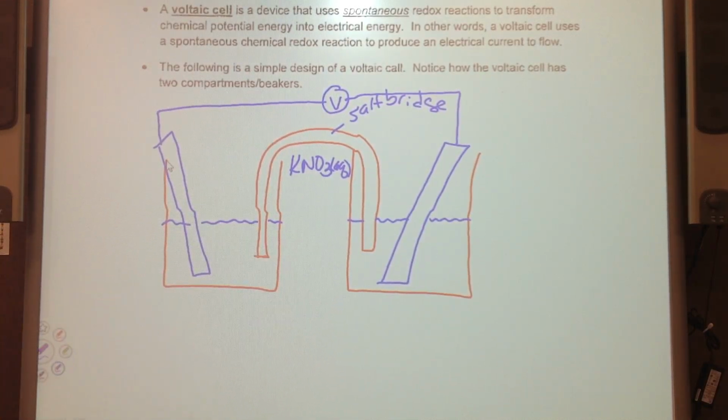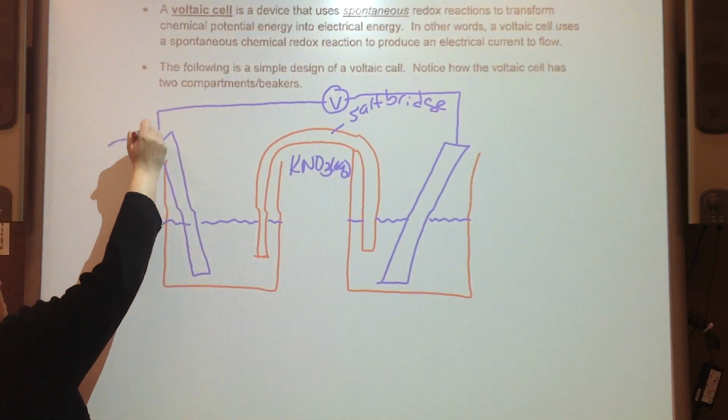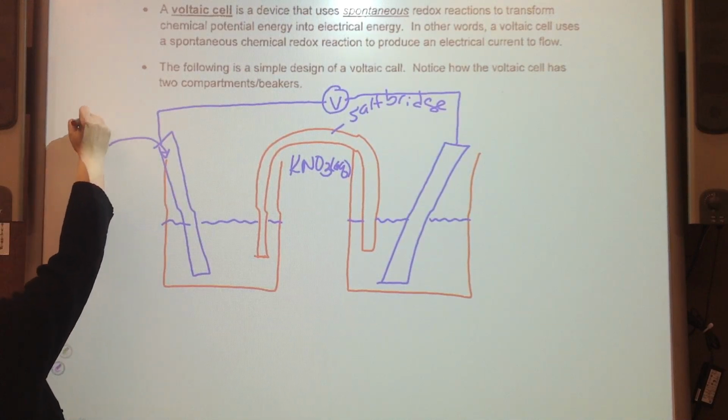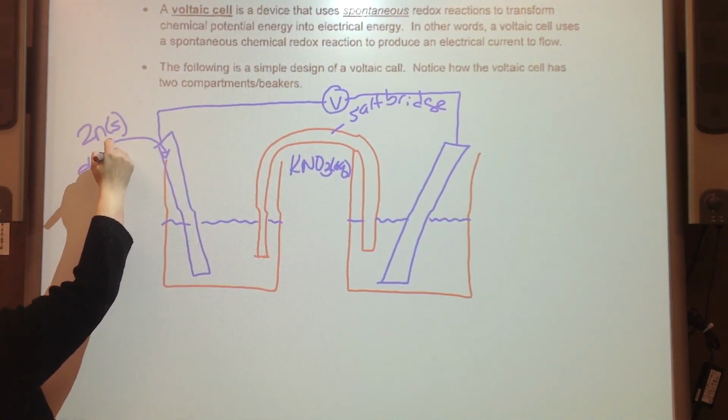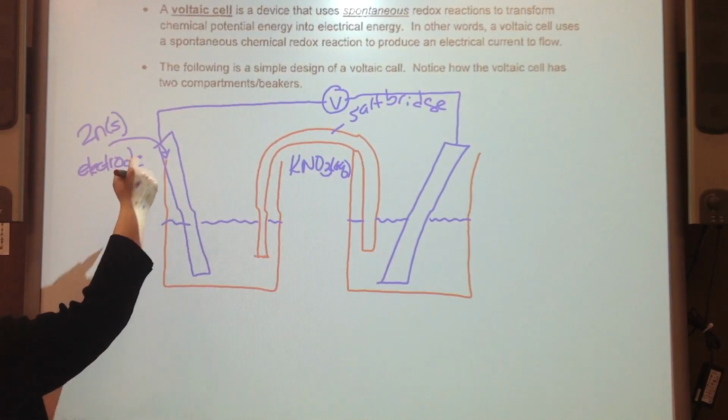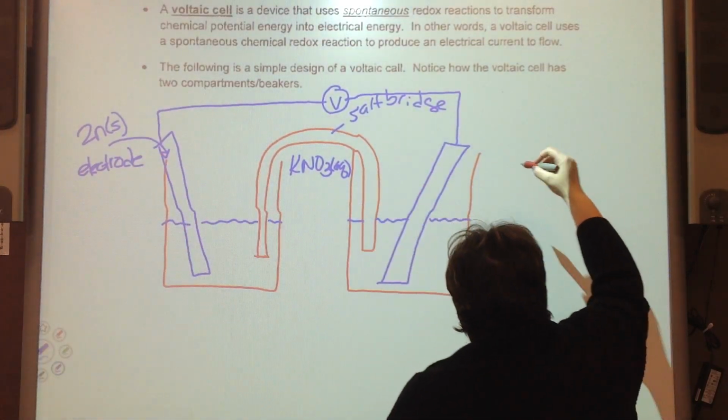So let's look at these different pieces of metal that we have. The most common ones that follow the same previous notes are zinc and copper.